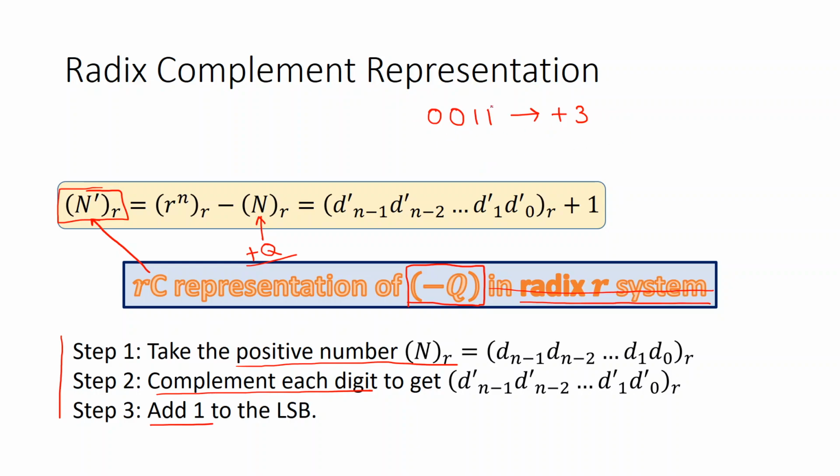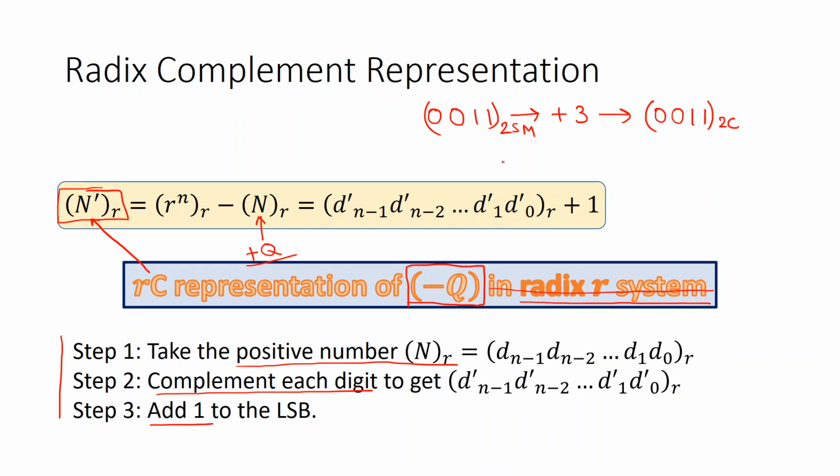This is also the binary, and this is also the 2's complement representation. Incidentally, this is also the signed magnitude. So in positive numbers, these are all same.